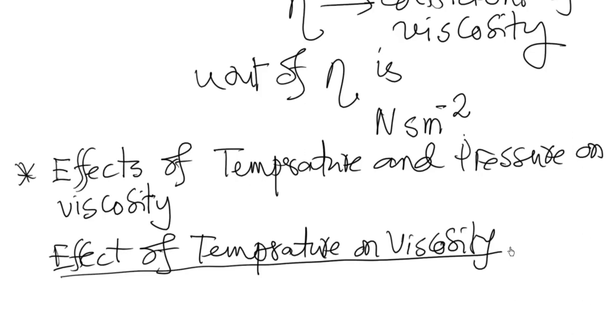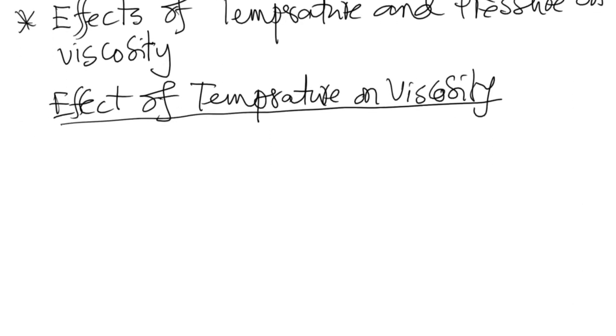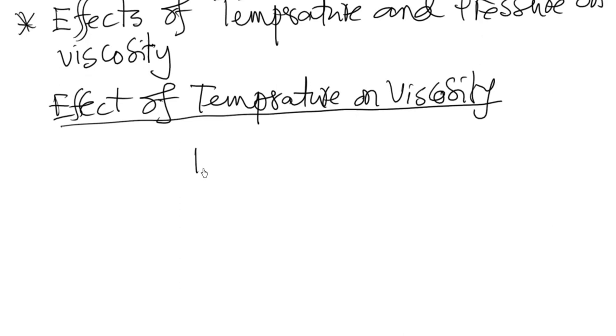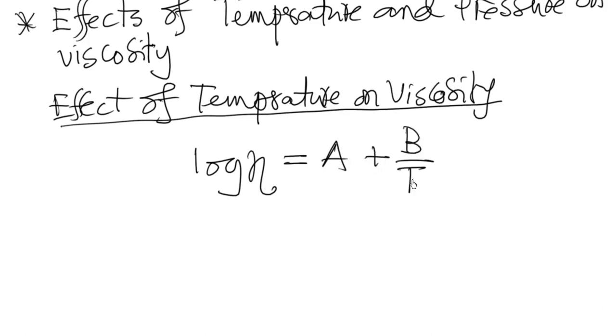One such formula is this: logarithm of the viscosity is equal to a constant A plus B by T, where A and B are constants and T is the temperature in Kelvin.